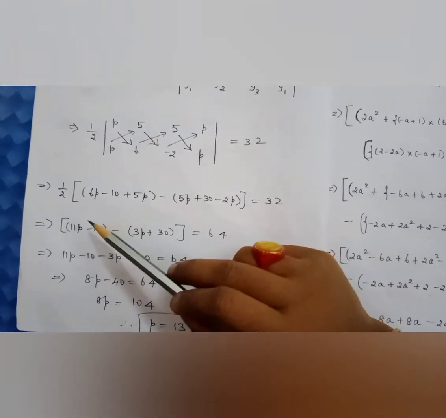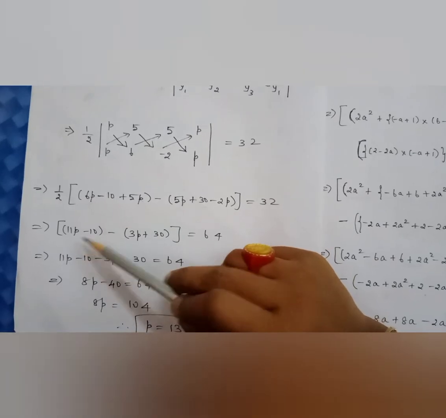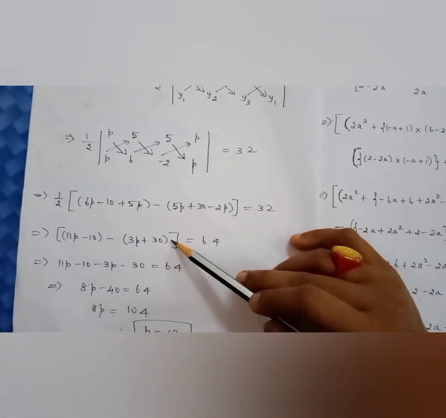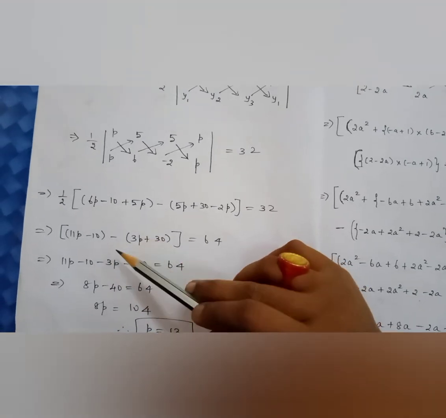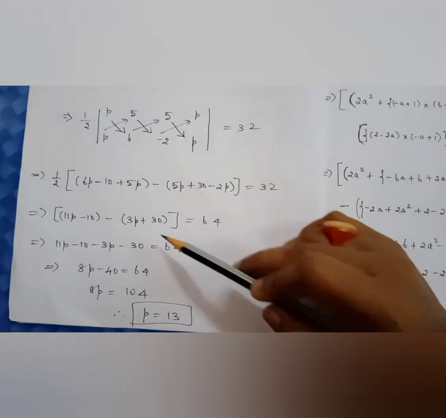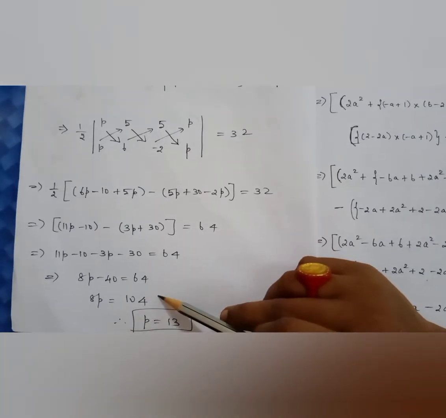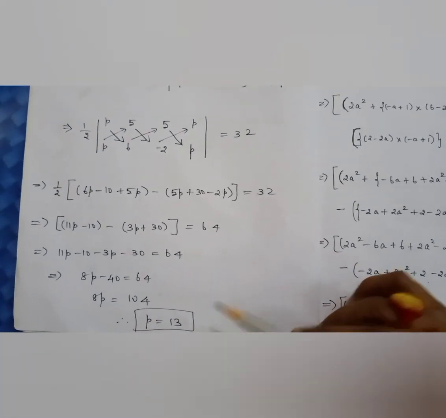First finish this bracket. So 6P plus 5P is 11P minus 10, minus 5P minus 2P, that is 3P plus 30. Then take the minus inside, which will be minus 3P minus 30. So I am getting 8P minus 40 is equal to 64. So 8P is equal to 104 and P is equal to 13.